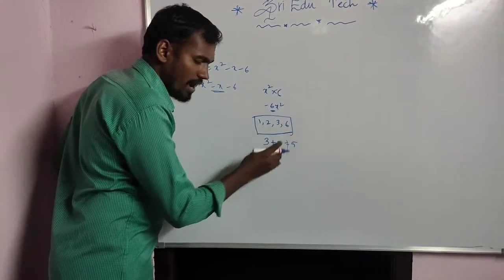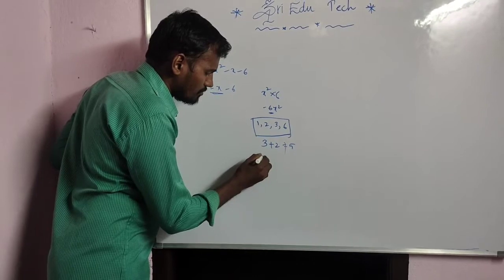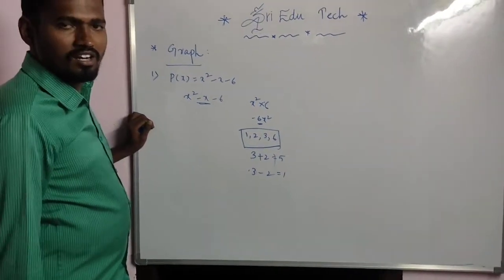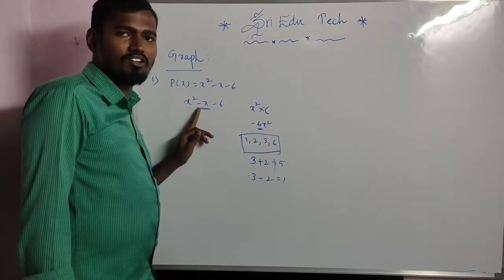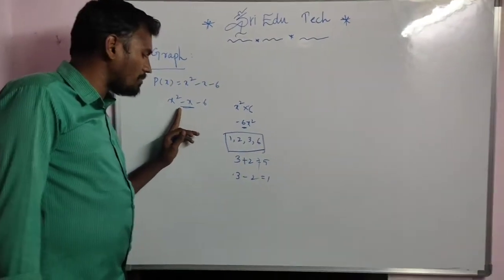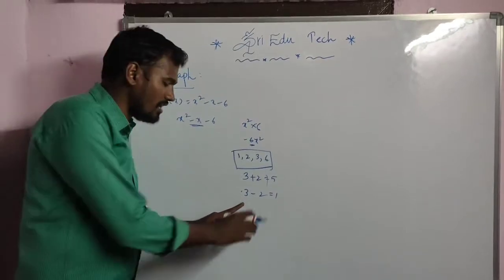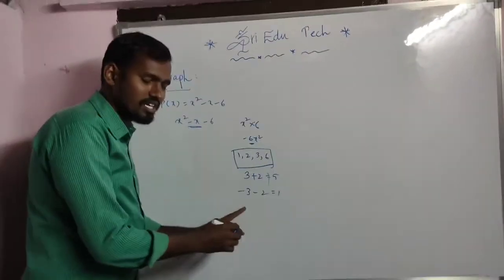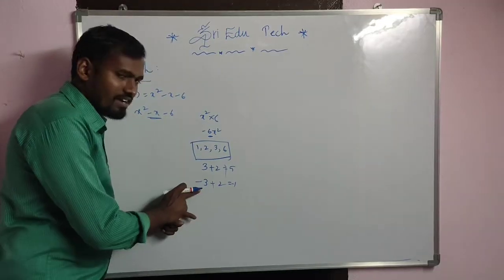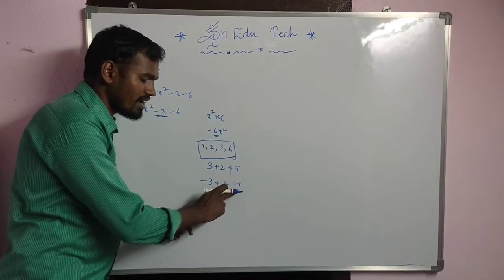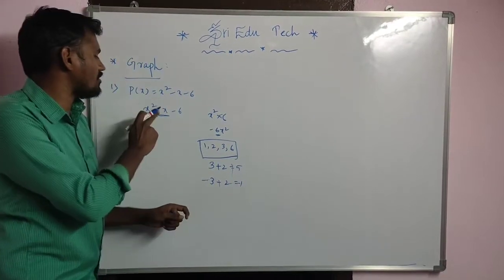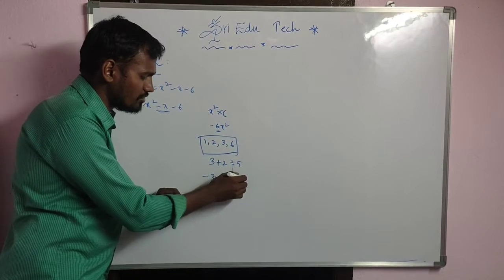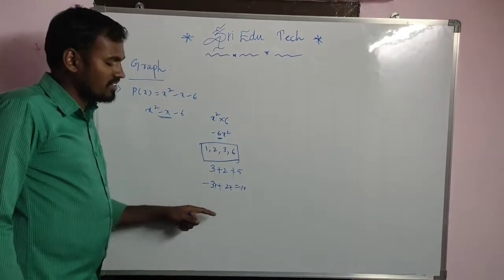Let's do minus. See, 3 minus 2 is equal to 1, but here you have minus in the given polynomial, so you keep the minus on the bigger number of the two. So let us take minus 3 plus 2. Minus 3 plus 2 is equal to minus 1, and here also you have minus 1. Then minus 3x plus 2x is equal to minus 1x, right?